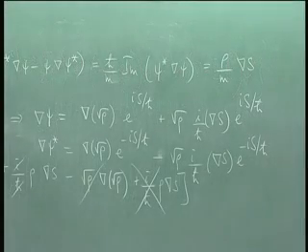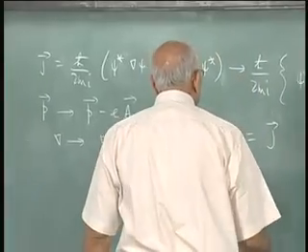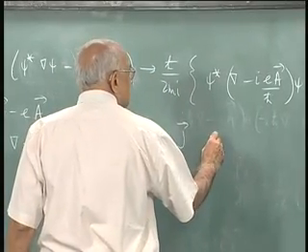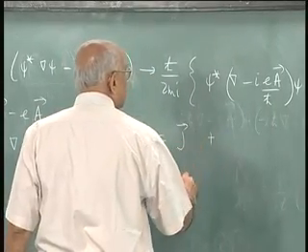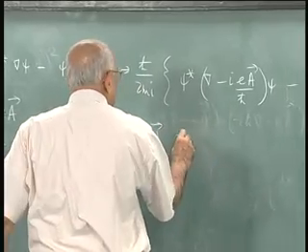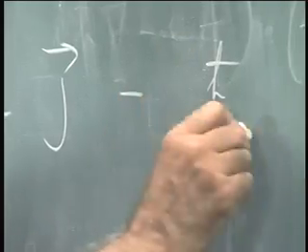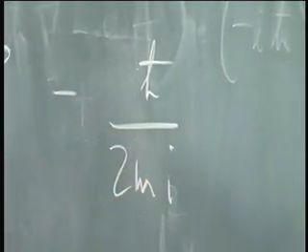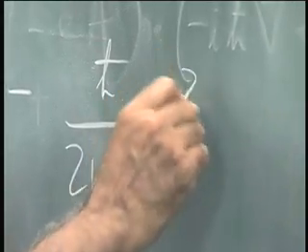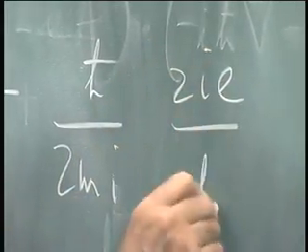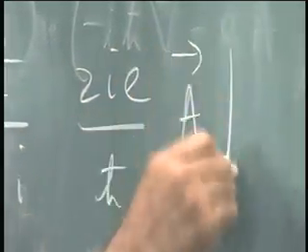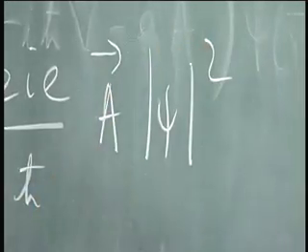I messed up a minus sign somewhere. What I should get is this plus or minus h cross over 2mi, and then I am supposed to get 2ie over h cross A mod psi squared.